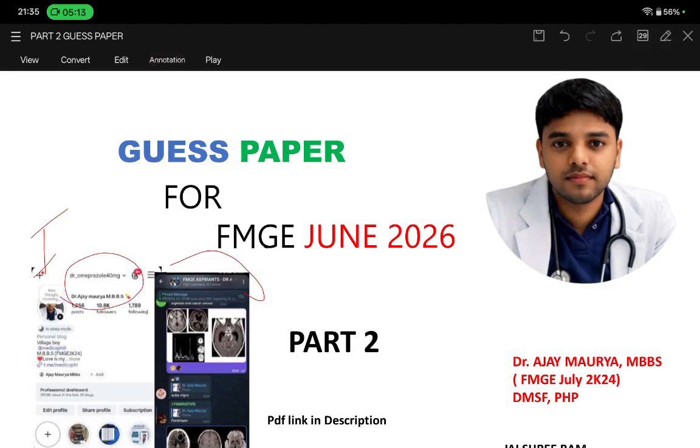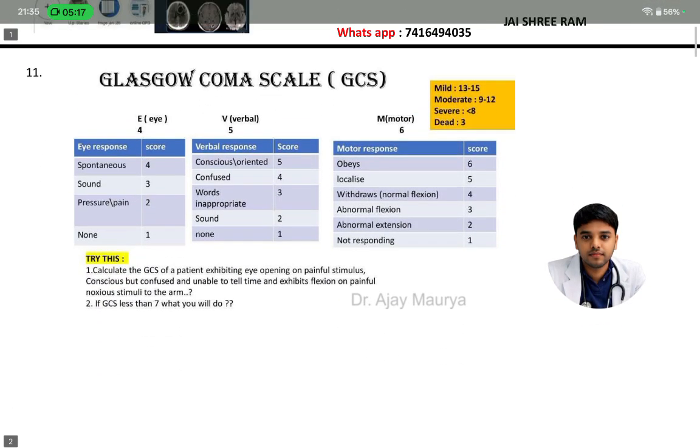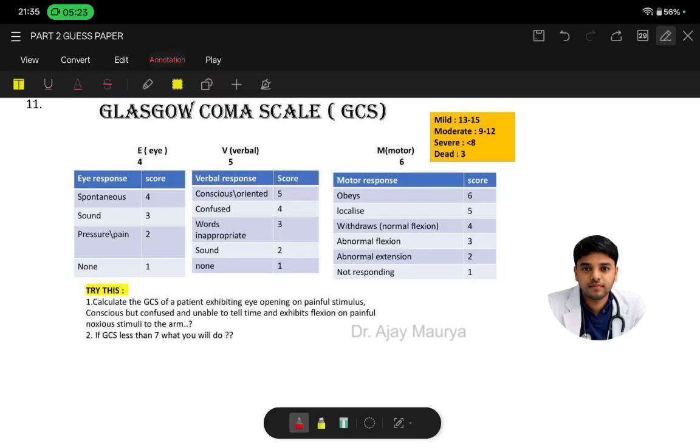Okay, so let's go. Can anyone try this one?